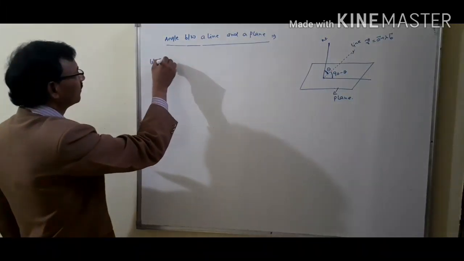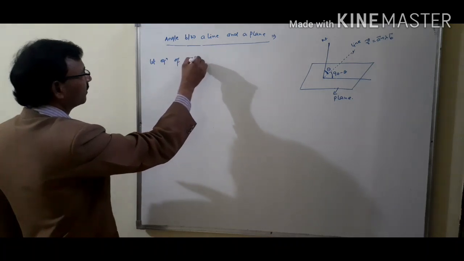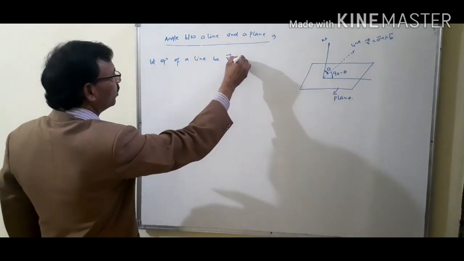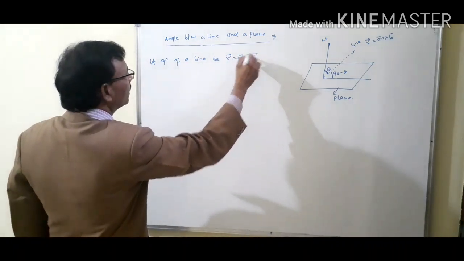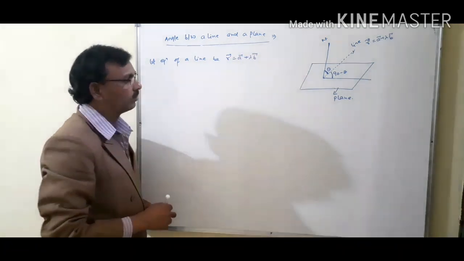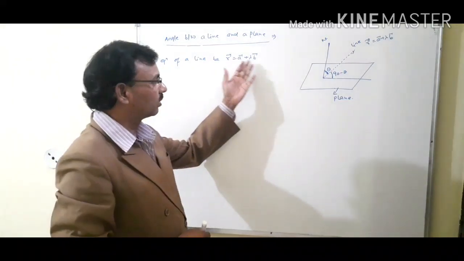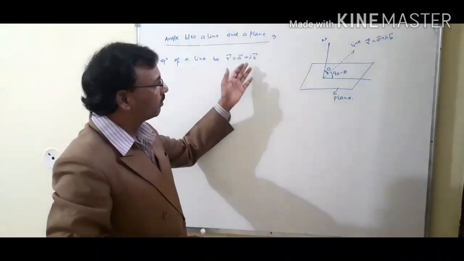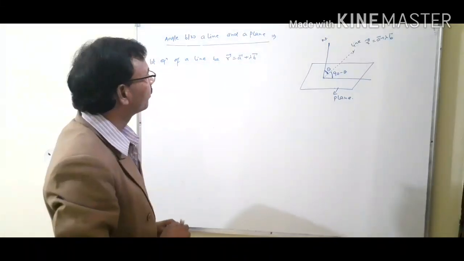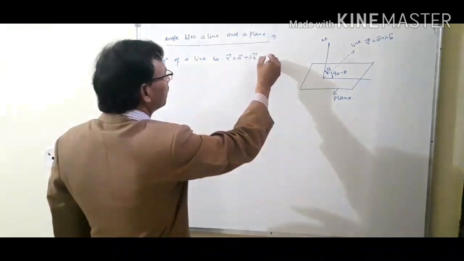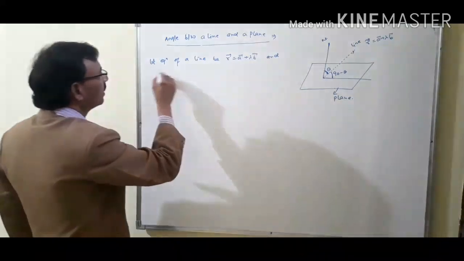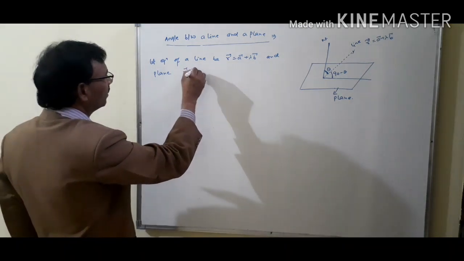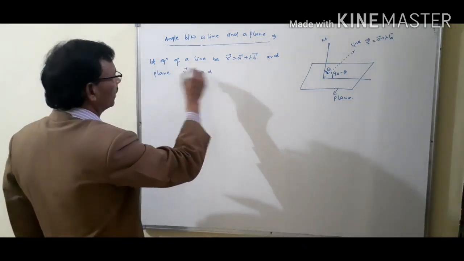Let the equation of the line be r equal to a plus lambda b, where a is the position vector of a point the line passes through and b is a vector which is parallel to the line, and the equation of the plane is r dot n vector equal to d.